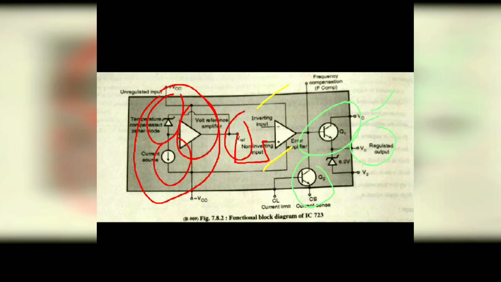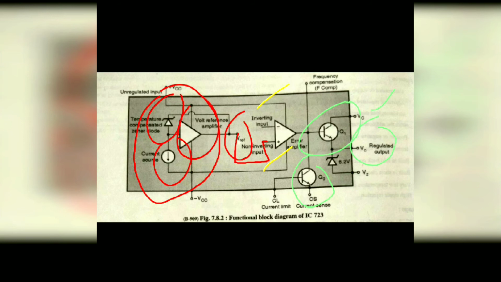So this is the functional block diagram of IC723, where we can observe the various pin numbers we have previously studied. The current limiting transistor used here is Q2, and the current limiting pin number is 2. Then the current sensing pin number, which is again connected to Q2 internally, is pin number 3.